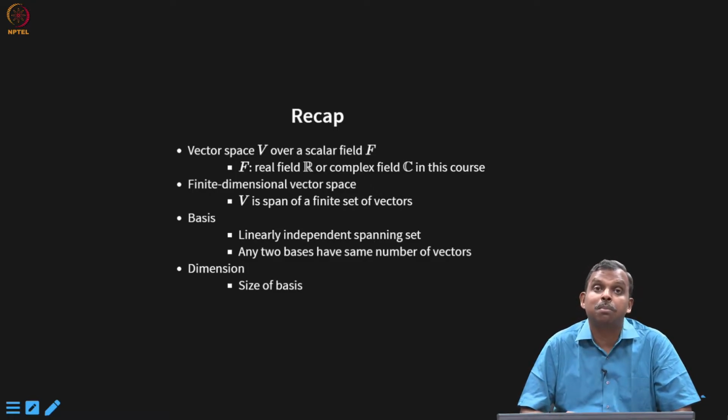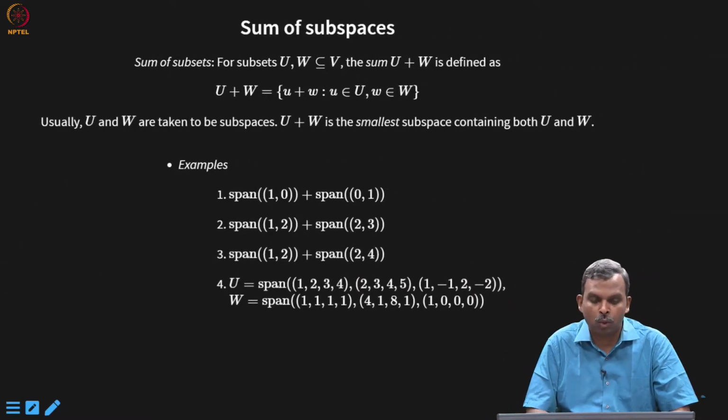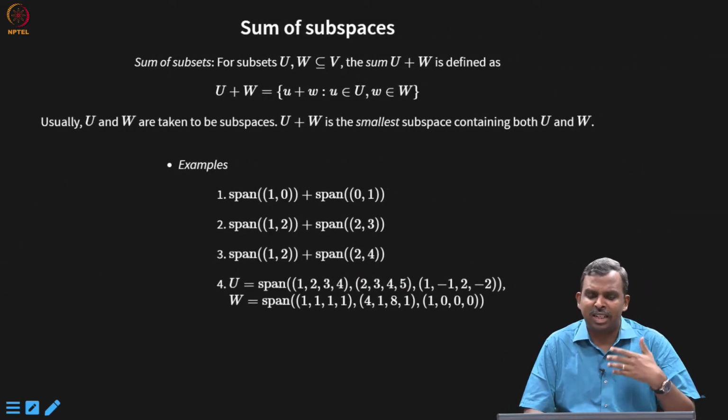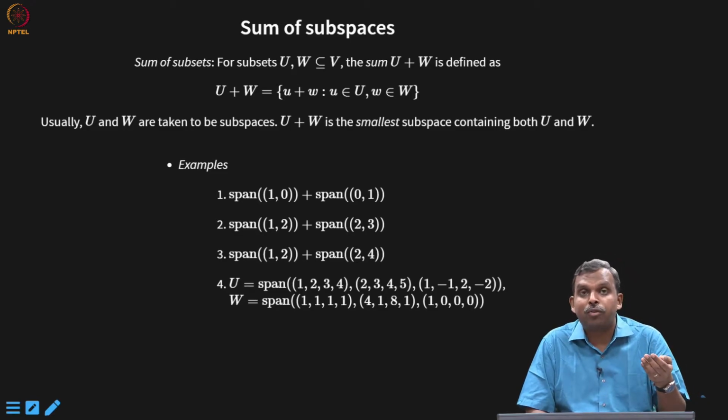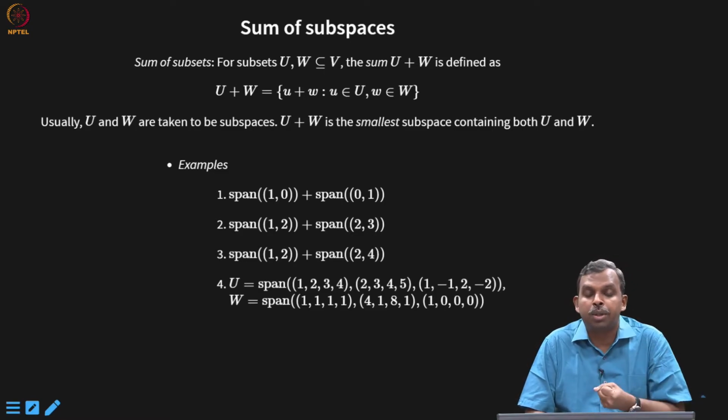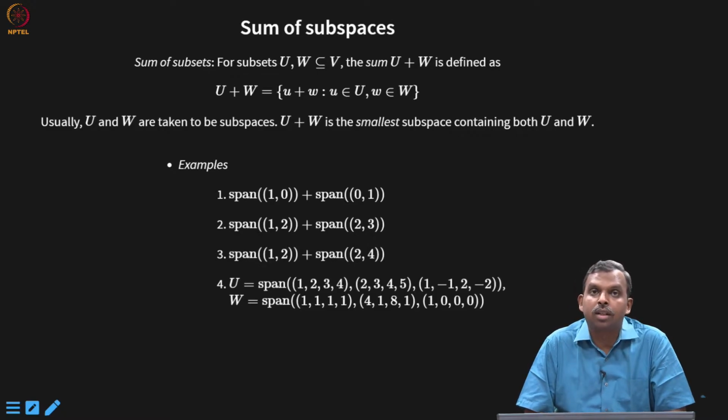Let's jump into sums and direct sums of subspaces. The sum itself is actually very easy to define. It can in fact be defined even for two subsets, not necessarily subspaces. Supposing you have two subsets U and W in any vector space V, the sum U plus W is defined like shown in the slide.